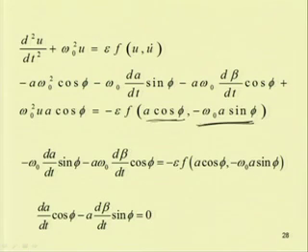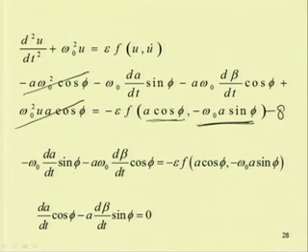In equation number 8 we can rearrange and write it in this form: minus omega 0 dA/dt sin phi. The term minus a omega 0 square cos phi is plus in one place and minus in the other, so they cancel.